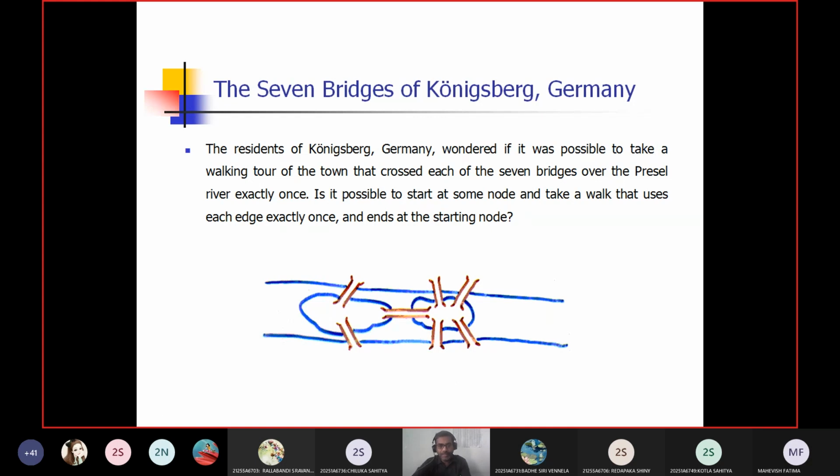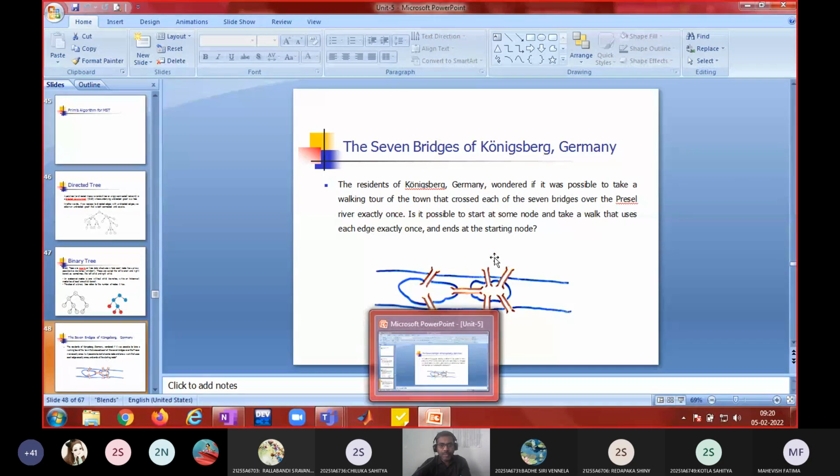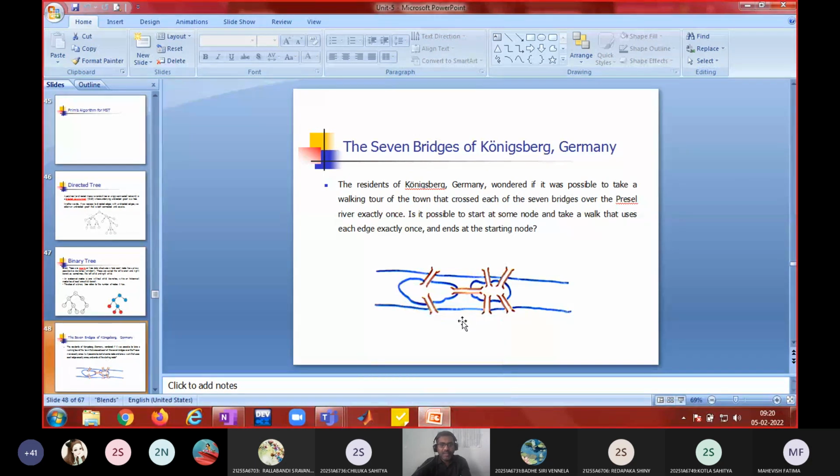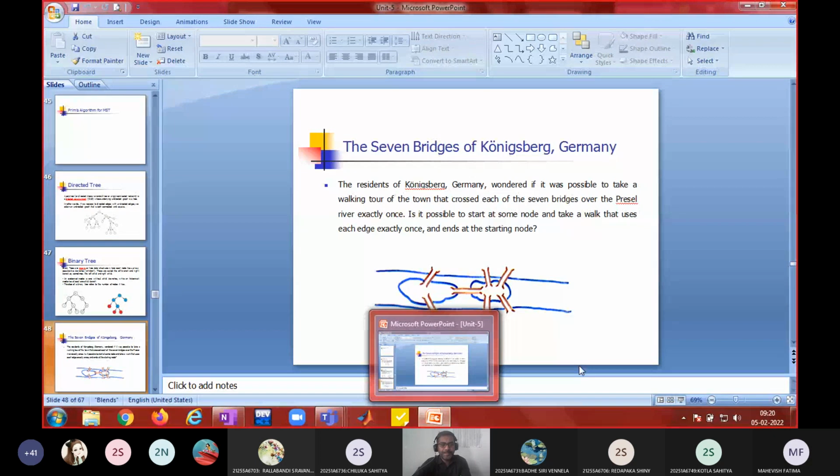Anyone got a tour or a walk where it covered all the bridges one and only one time and came back to the original position? Was it possible?